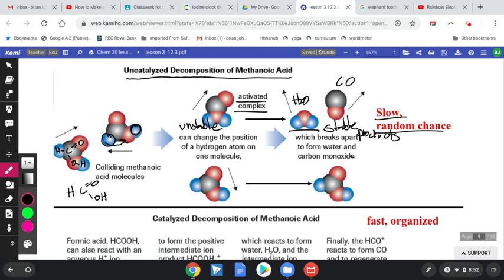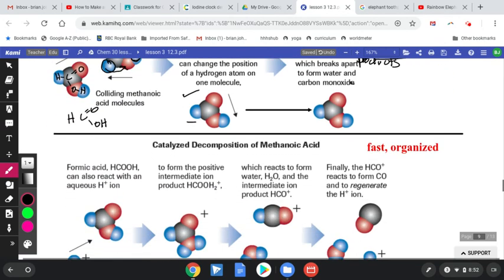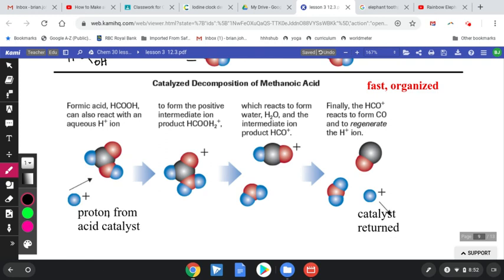All right, this one was untouched by the reaction. Its hydrogen atom was not rearranged. So in a catalyzed reaction, this is using an acid catalyst, and an acid catalyst has a free proton. The proton can combine onto the water molecule, making it unstable, like above. And when it's unstable, it will decompose, the water falls off.